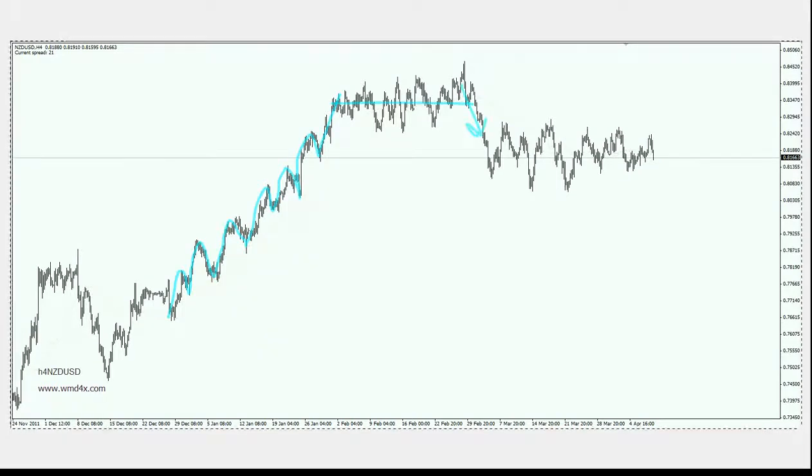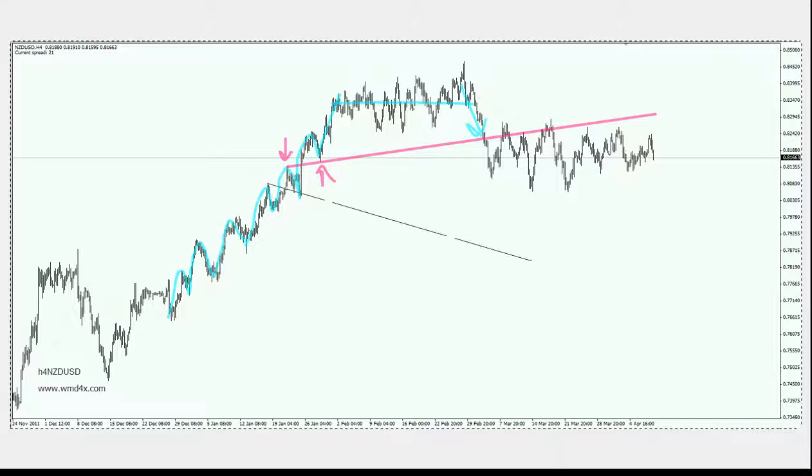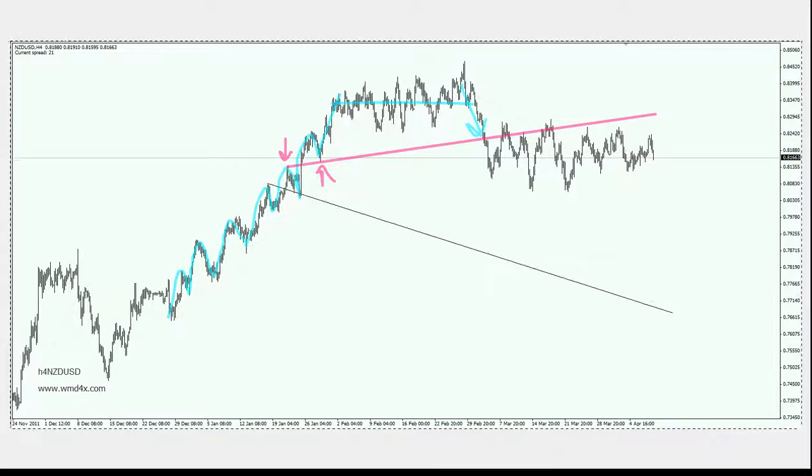So these are the levels I'm looking at, right? And so I would draw a line between support and resistance here. I would draw a line between support and resistance here. I would draw a line between support and resistance here.